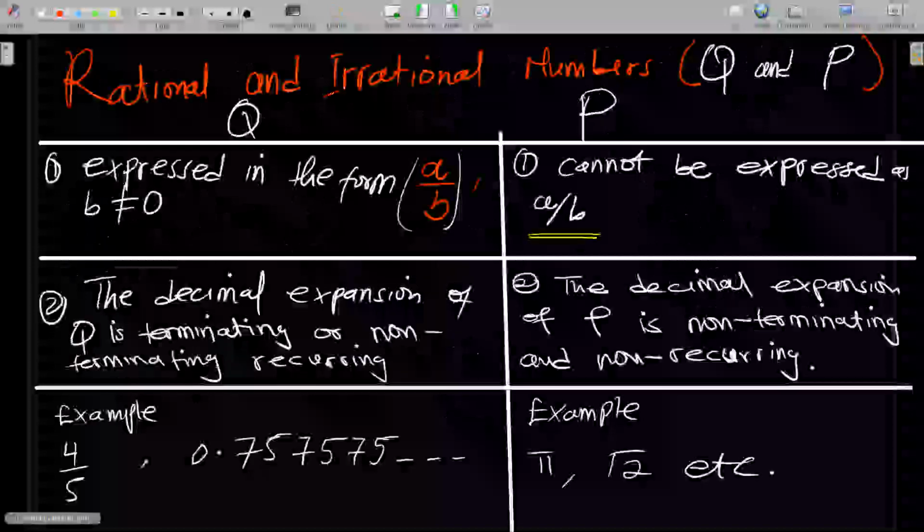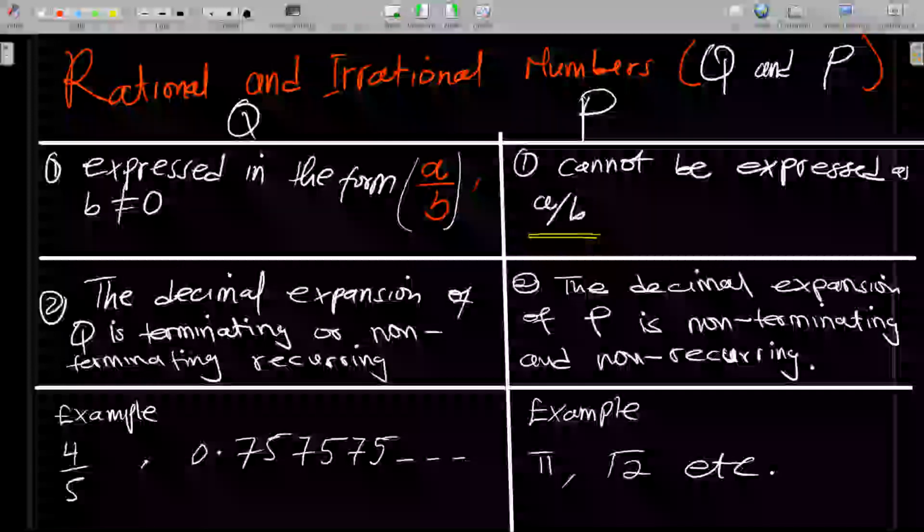So yes, let's come to another difference between rational and irrational numbers. For rational numbers, the decimal expansion is terminating or non-terminating recurring. I'll explain that point.